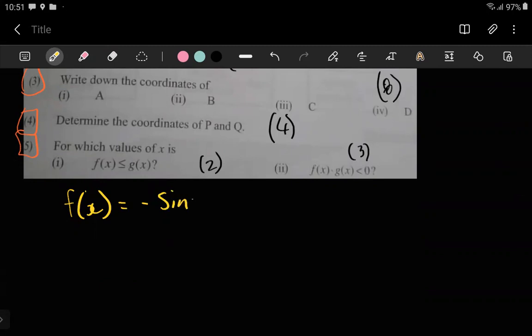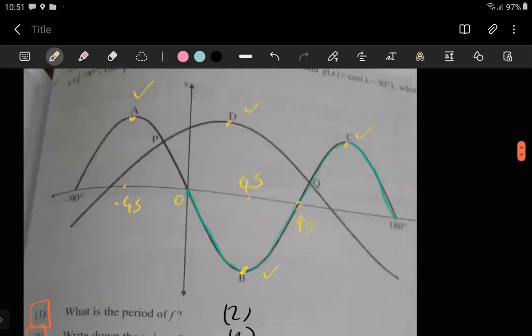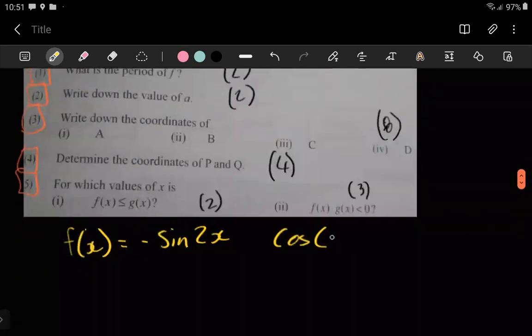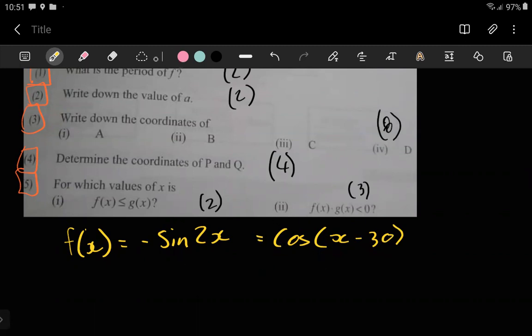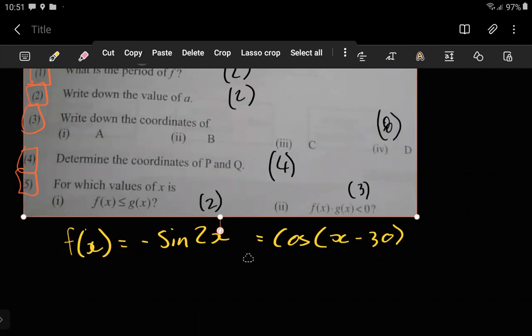So, for example, the issue is if you see that this has a negative and this here has what it has here. Wait, this is g of x. What did I write down there?